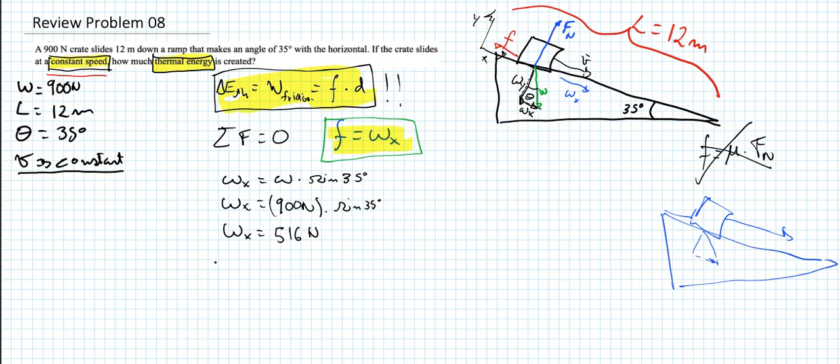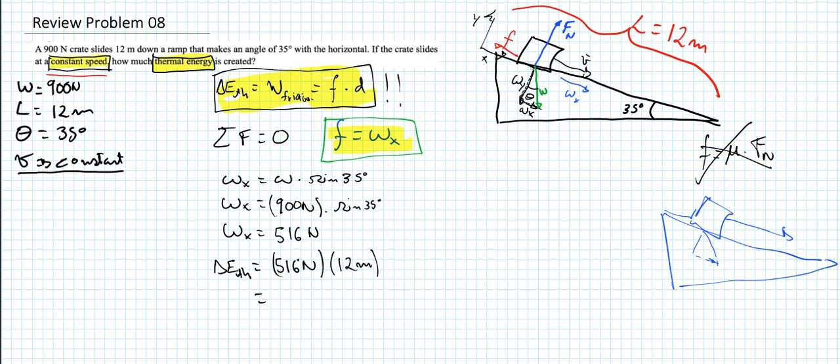So that means my thermal energy will be 516 newtons times 12 meters.